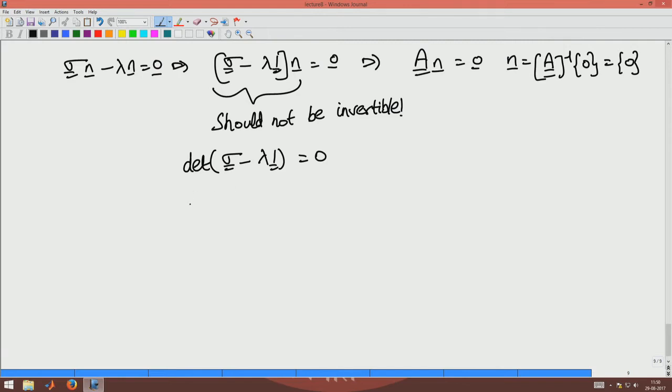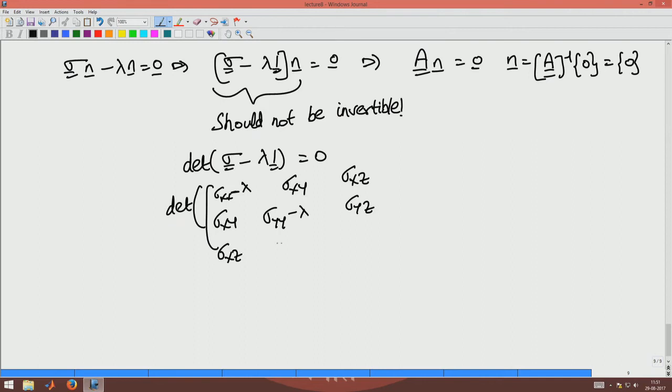It will be the determinant of the matrix with rows: sigma xx minus lambda, sigma xy, sigma xz; sigma xy, sigma yy minus lambda, sigma yz; sigma xz, sigma yz, sigma zz minus lambda.